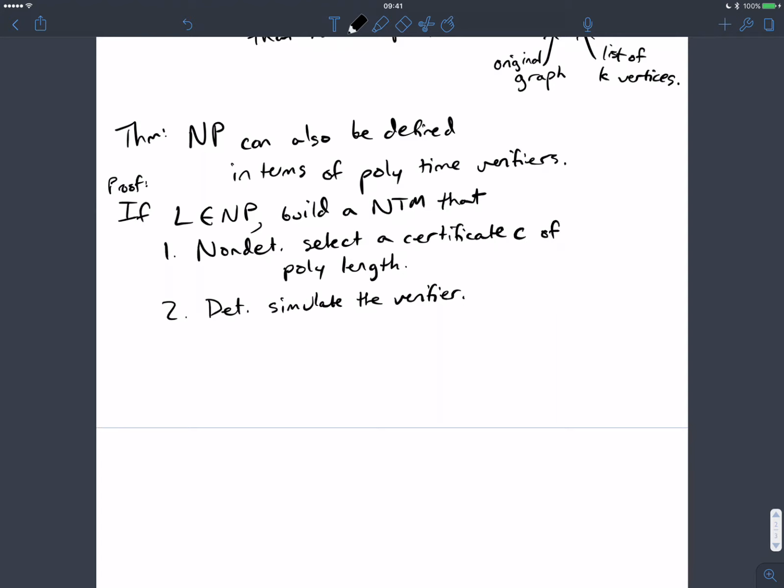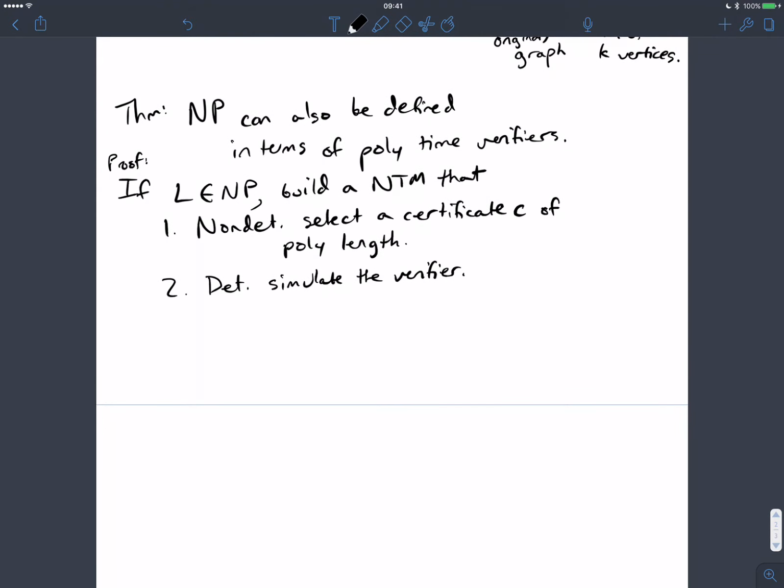How do we convert an arbitrary non-deterministic Turing machine into a verifier? Well, let's see. How did we verify with, say, LBAs before whether or not the Turing machine accepted the input W or not?